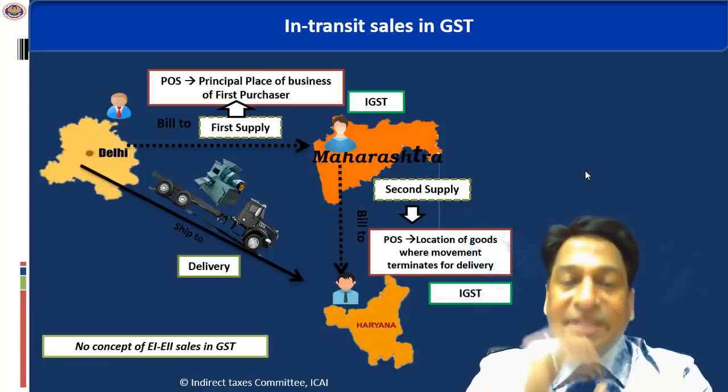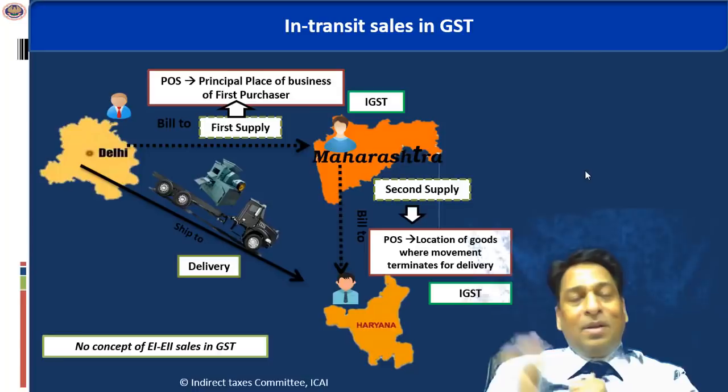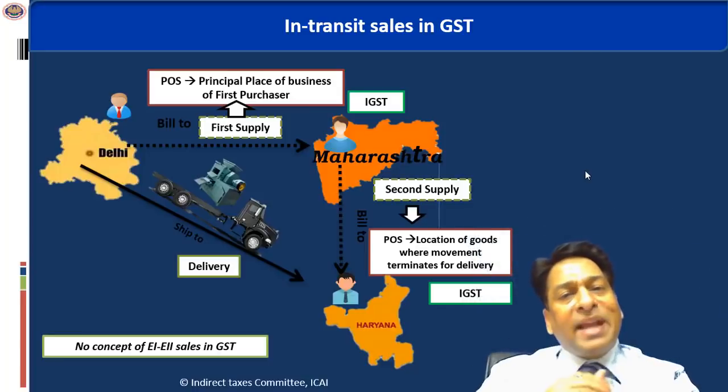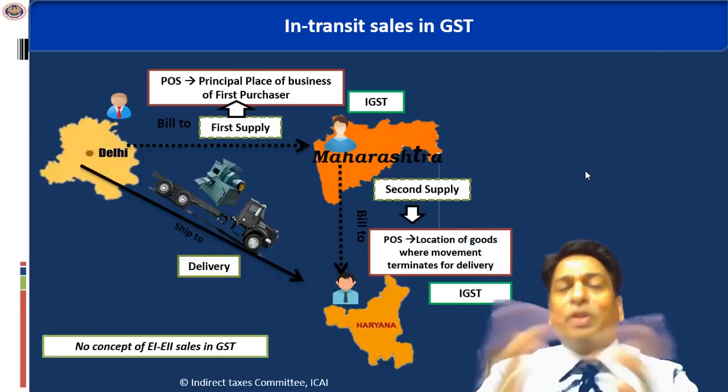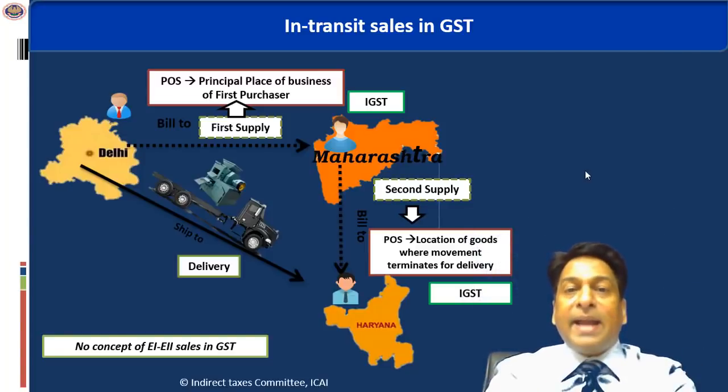I said GST is a destination-based consumption tax. Which state is going to get the GST component on the concept and principle of destination-based consumption tax? Of course, Haryana in our case. Haryana is supposed to get it. So what happened?